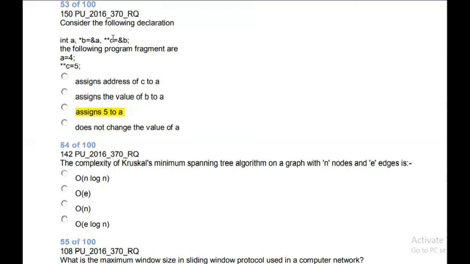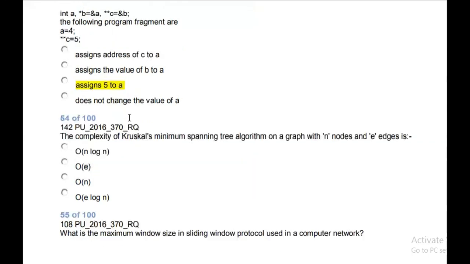So the address of B is stored inside C. C is an address variable, and inside C the value would be another address, and that address is B. The following program fragments are A is equal to 4 and *C is equal to 5. So option C is correct, assigns 5 to A.